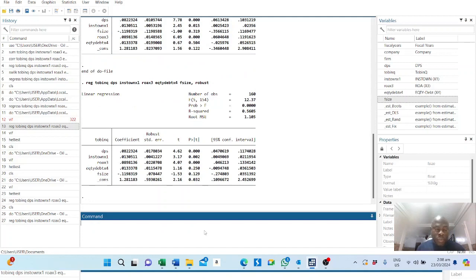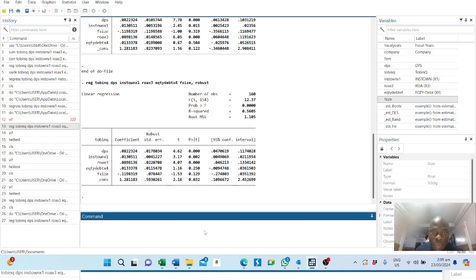That gives us a new OLS regression that is robust, which takes care of the heteroskedasticity issue that was flagged by the heteroskedasticity test.